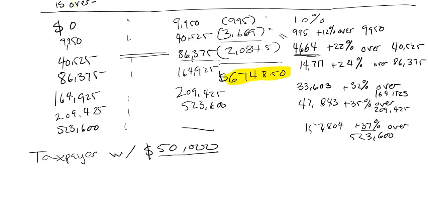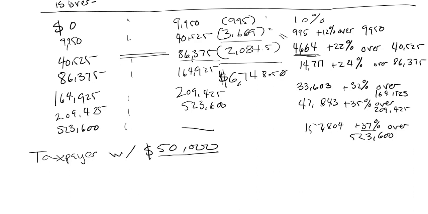All right, total tax. Go ahead and put a comma there just to neaten it up. All right, so total tax is, that was actually the wrong place to put the comma, give me 1 second, I shall fix that. All right, so let's fix this, put the comma in its right place, $6,748.50.